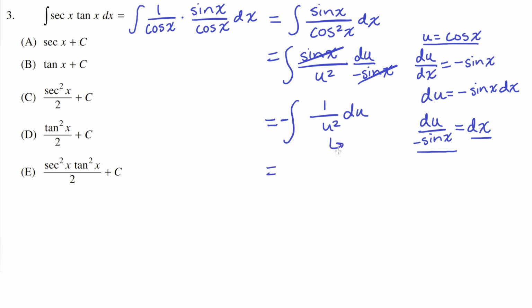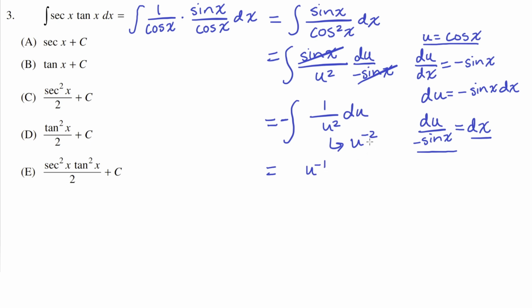And the way I integrate this is just 1 over u squared, I just think of as u to the negative 2 power, and just do the reverse of power rule from there. So instead of subtracting 1 from the exponent, we're going to add 1 to the exponent. So we're going to have u to the negative first.